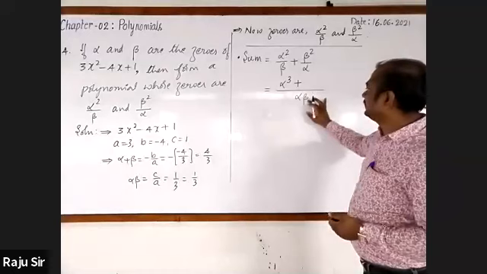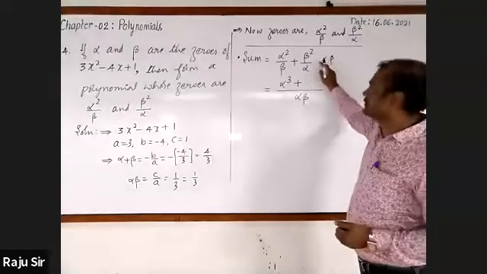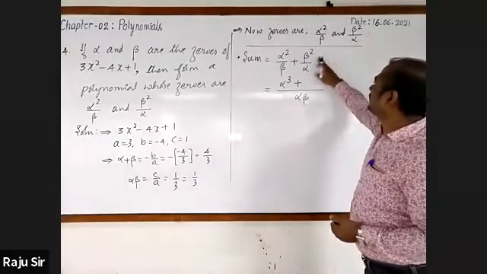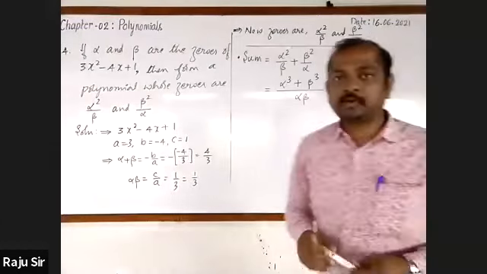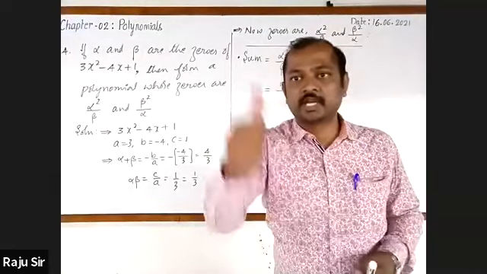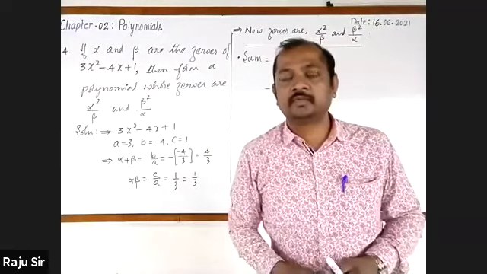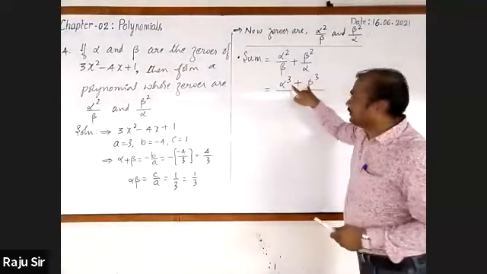Then multiply LCM with the second term: alpha gets cancelled, beta will remain. Beta into beta square is beta cube. Have you got the same?